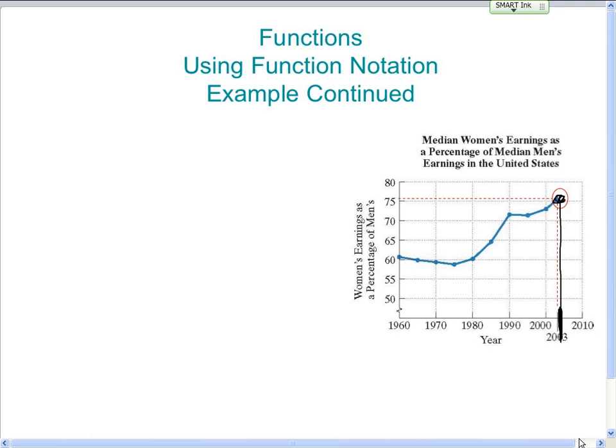There's a point right here, and it's above 75. It's not to 80, so I would guess, estimating here, 76, but remember this is a percent. So in 2003, women earn approximately 76% of what men earn for the exact same job with the exact same experience.